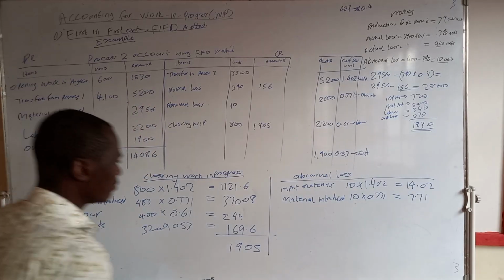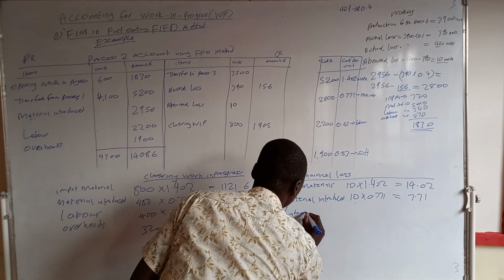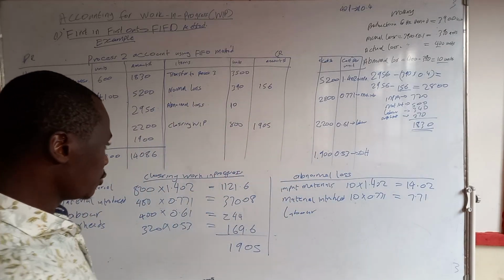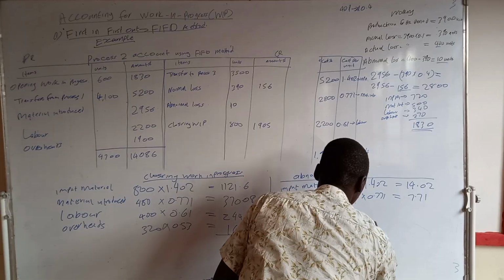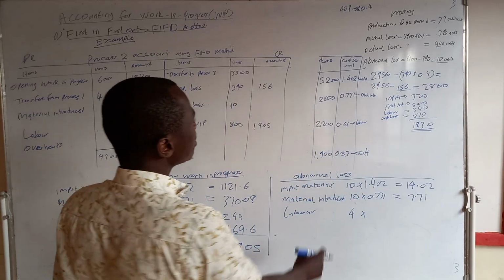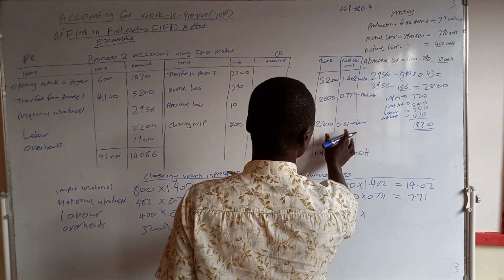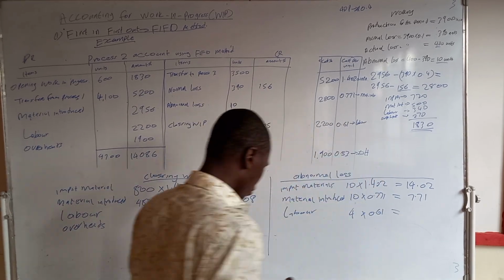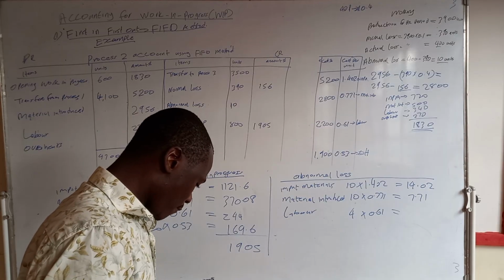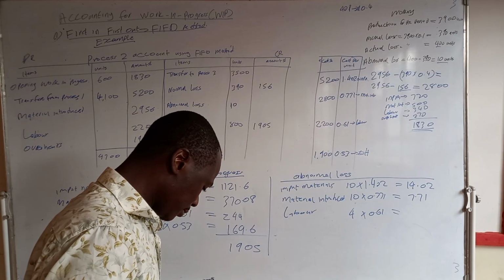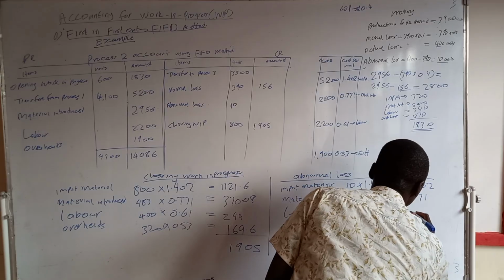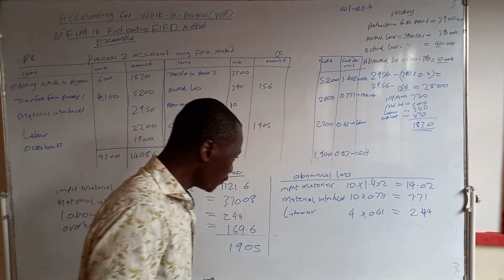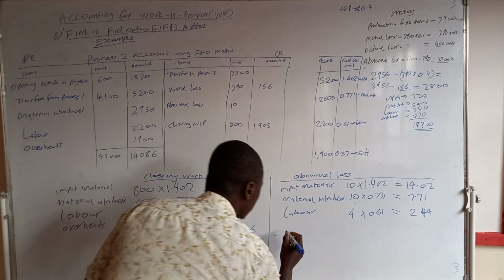Then we have labor. We had an equivalent unit of 4, remember 40%, times the labor cost of 0.61. That is 4 times 0.61, which is 2.44.